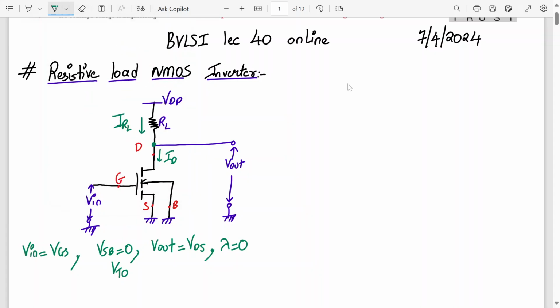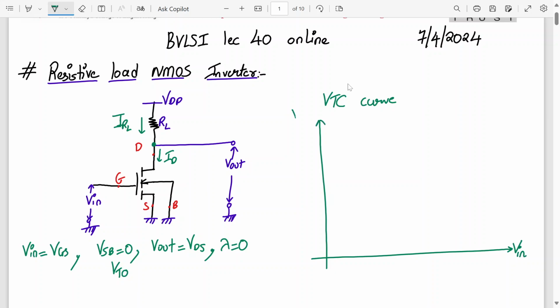How does it look like? The VTC curve is a plot of Vout versus Vin, with Vin on the x-axis and Vout on the y-axis. It looks something like this. It does not go to 0; it remains at a level that we call VOL.